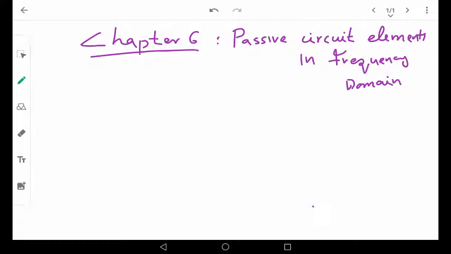Till now we have studied the passive circuit elements, meaning the resistor, the inductor and the capacitor, in the time domain, and this chapter we will be studying them in the frequency domain. So prior to that, we will introduce the concept of what is a phasor.